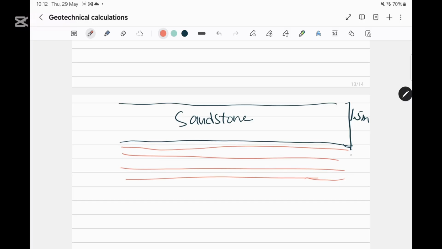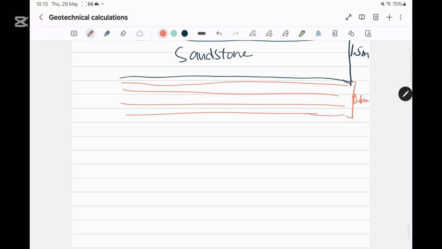The thicknesses of these soft rocks we're given as 15, 10, 5, 10. So you're just gonna add them and convert to meters. So we're getting our thickness as 0.6 meters for this soft part.